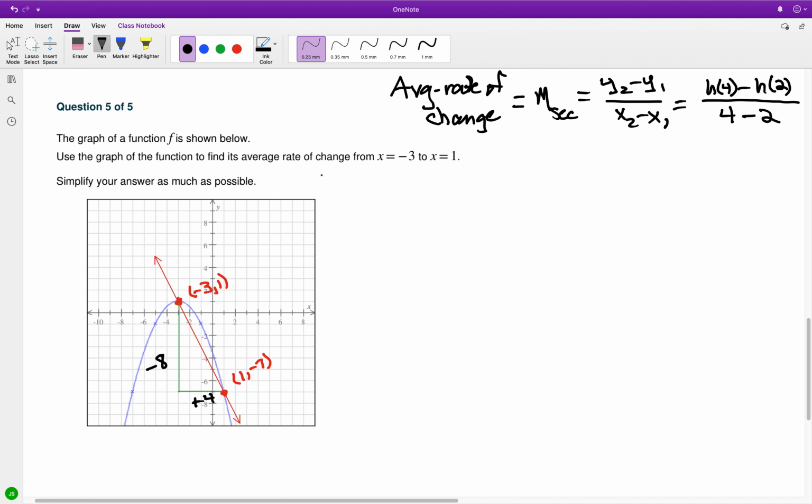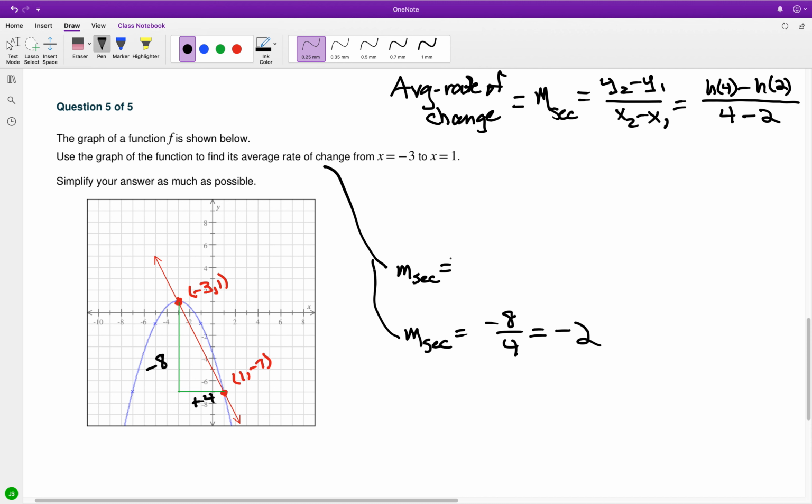Now, for the average rate of change, on the basis of counting the squares, you have change in y with respect to change in x, so we have negative 8 over 4, which goes to negative 2.